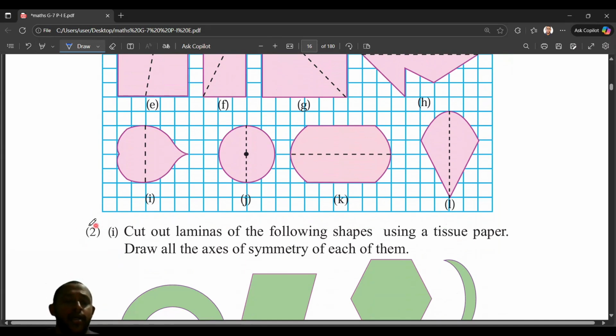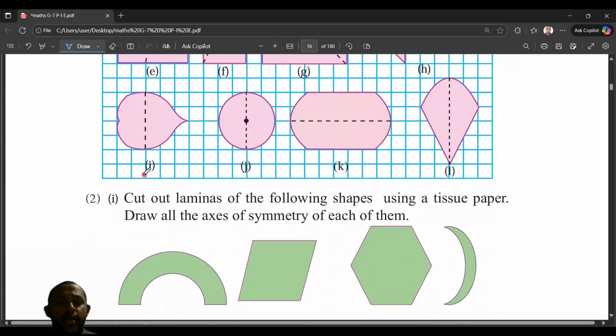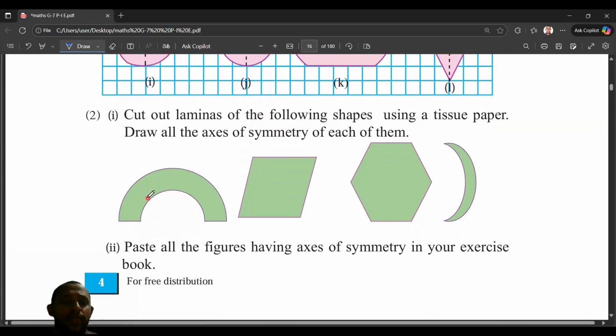On the second question also, likewise, there are some questions. I'll just read it for you. Cut out laminas of the following shapes using a tissue paper. Draw all the axes of symmetry of each of them, right? So very clear.